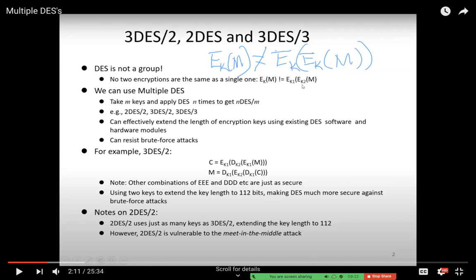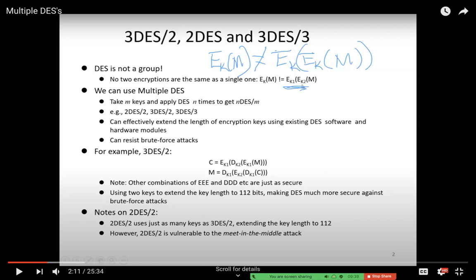So it makes sense that, to make your keys longer, you would typically come up with two different keys. So K1 and K2 together form a longer key.